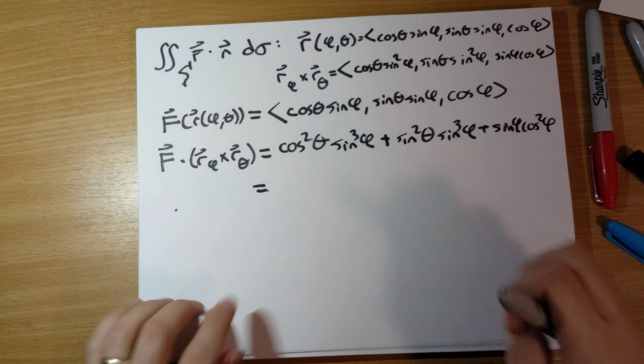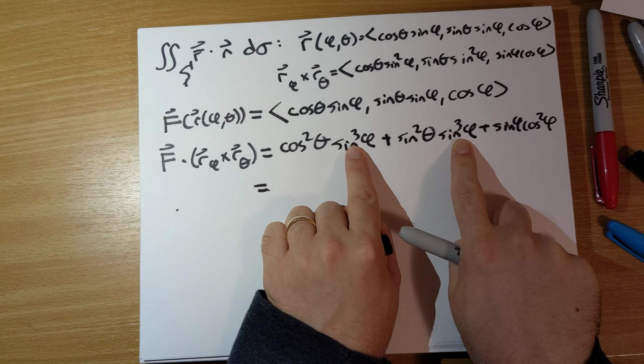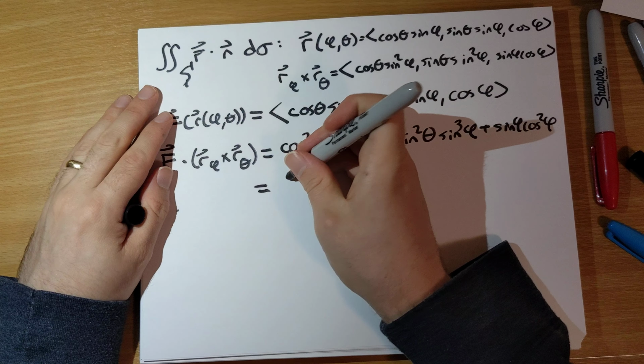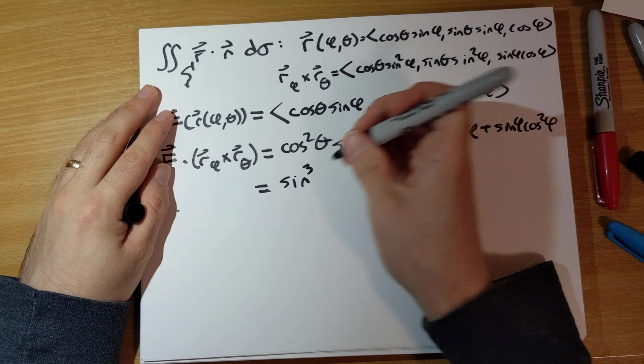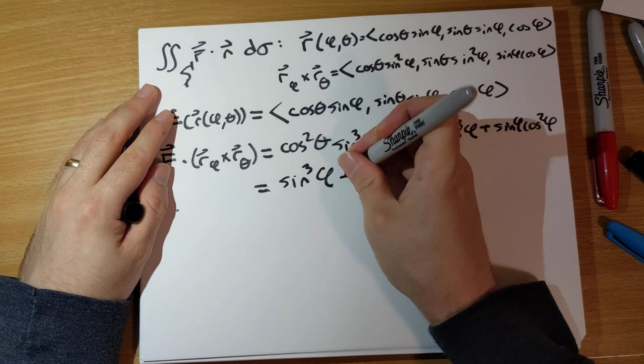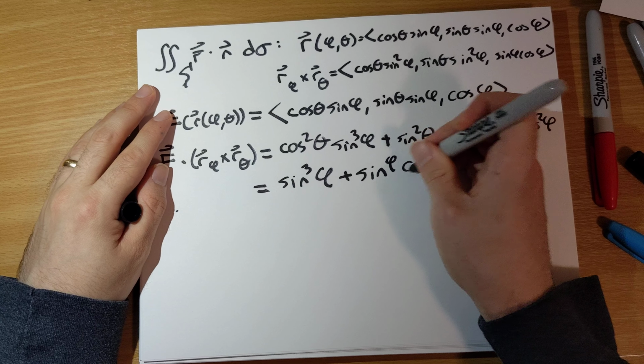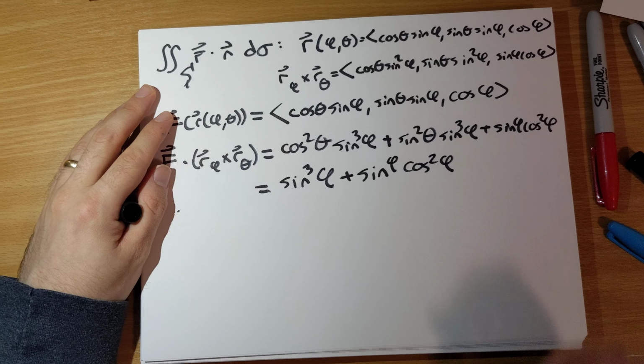Realize that these first two terms are sine cubed phi times cosine squared theta plus sine squared theta. So that just is sine cubed phi plus sine phi cosine squared phi.